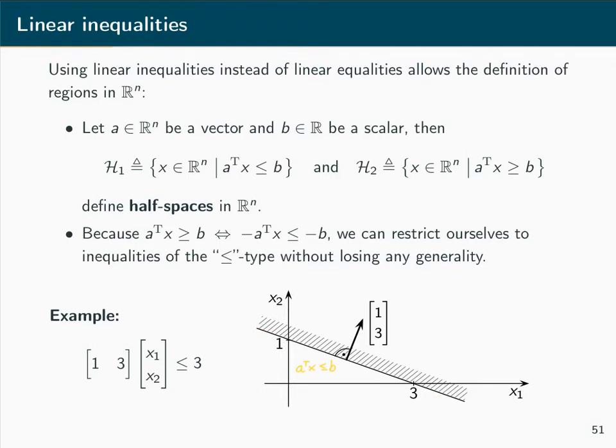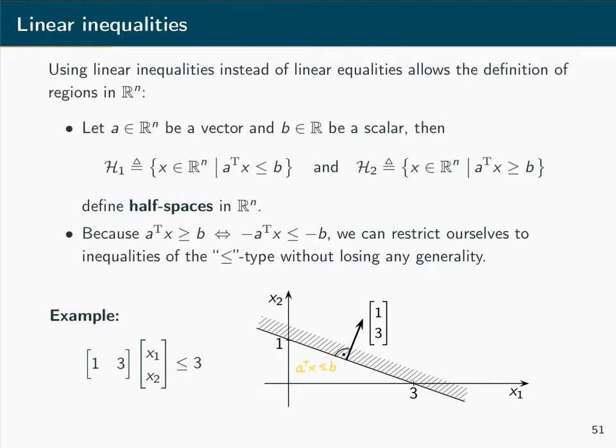Note that the common way to draw this in the literature is not to mark the target hyperplane, but rather the common way to represent this is to cross out the hyperplane that's excluded by our linear inequality. Moreover, it's customary to use a less than or equal to inequality to define a half space.